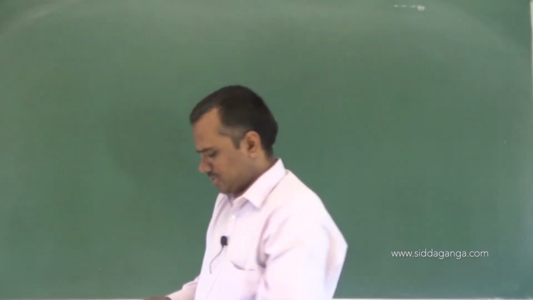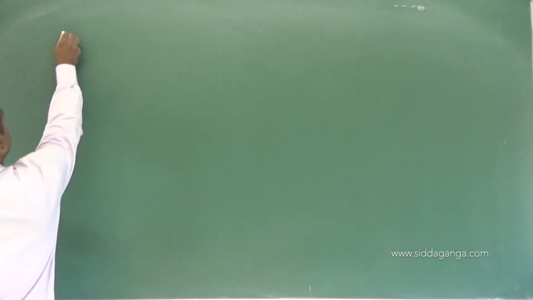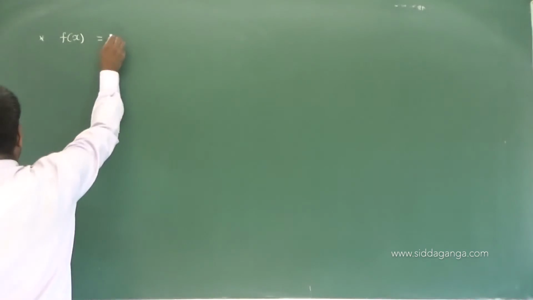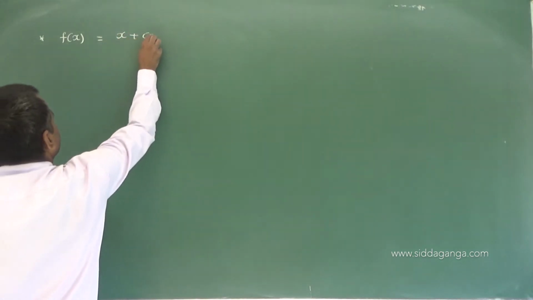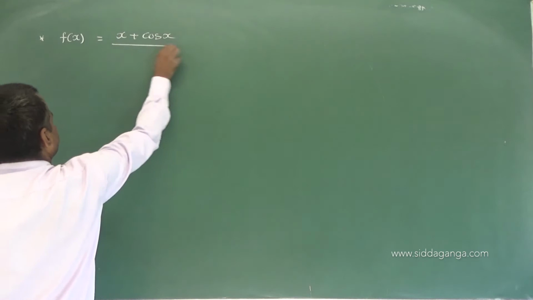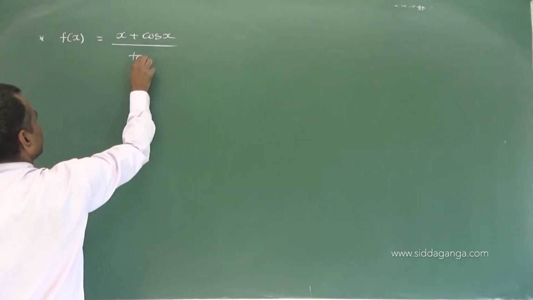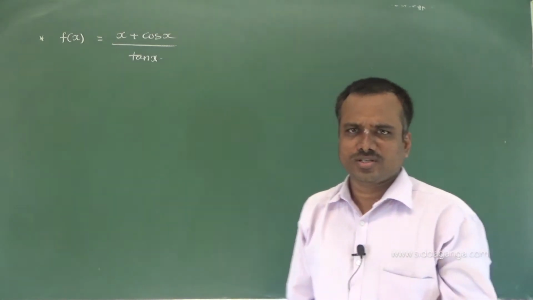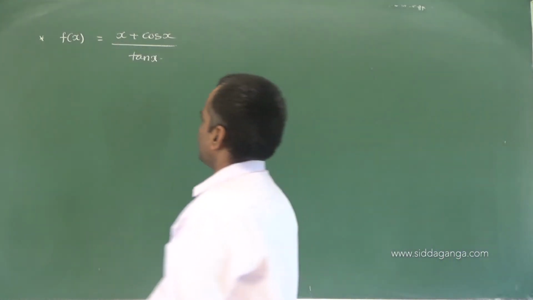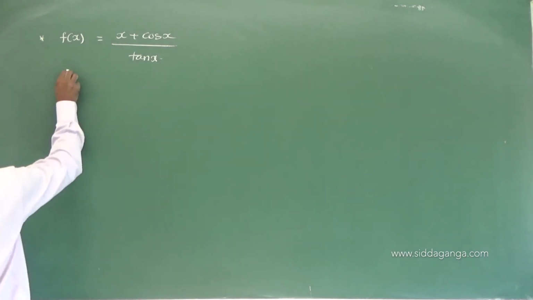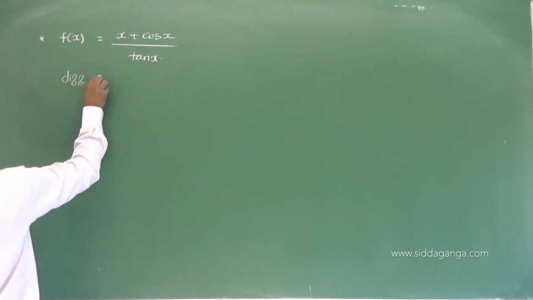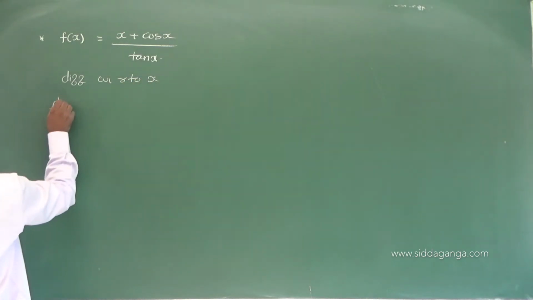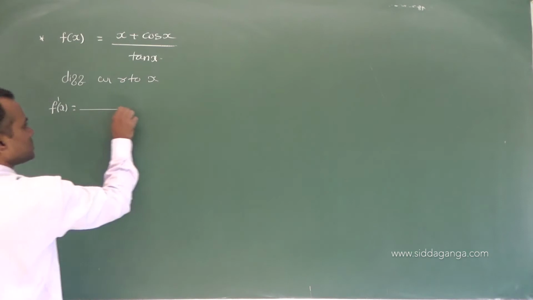Next problem, f of x is equal to (x plus cos x) divided by tan x. X plus cos x divided by what? Tan x. Same quotient rule. Differentiate with respect to x. F of x with respect to x, f dash of x.